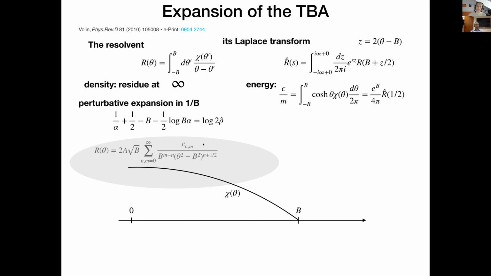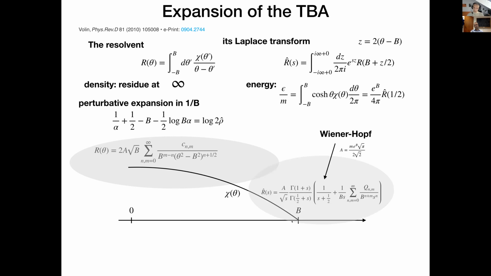When b goes to infinity, basically we are performing these integrals on the whole line, or half of the line, and this can be solved by the Wiener-Hopf technique. So if instead of focusing on the middle domain, we focus on just the edge region near b, then these integrals, up to exponentially small corrections, go from minus infinity to 0.